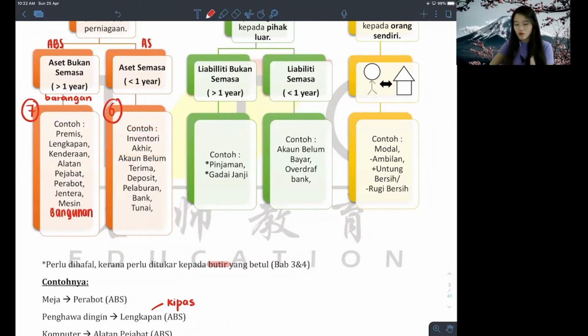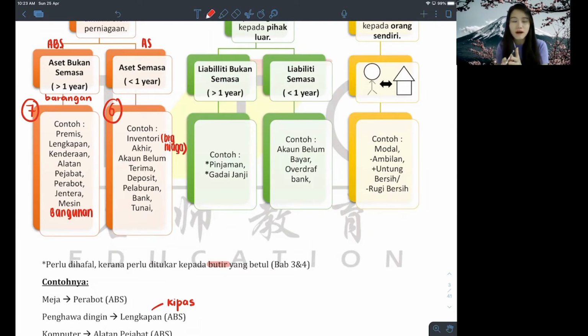So you guys can go ahead and note down, inventory is actually a term to mention our barang niaga. But unfortunately, this term inventory arcade is only going to be used in our bab 2, okay, which is the jadual. So later on, when we go to bab 3 and 4, there will be some slight changes on our barang niaga, which I will tell you guys as we go to that part lah, okay?